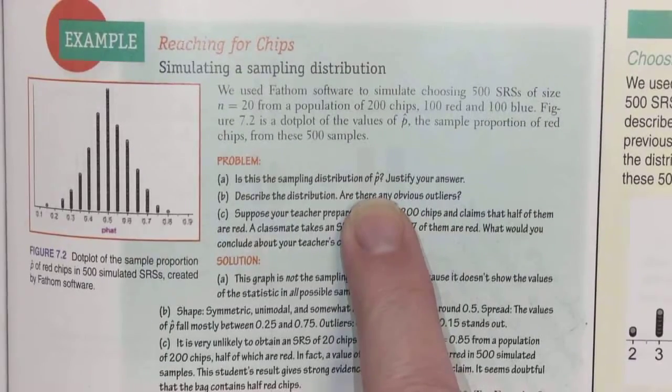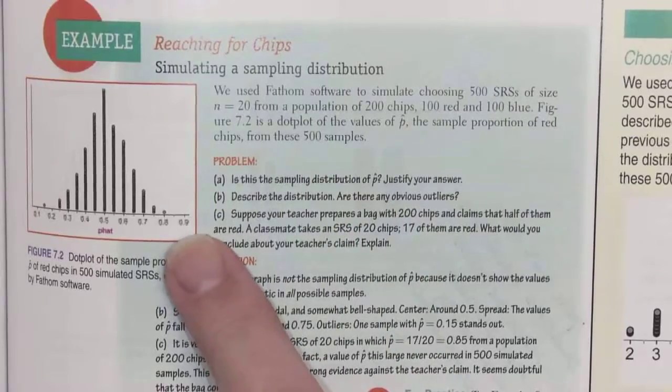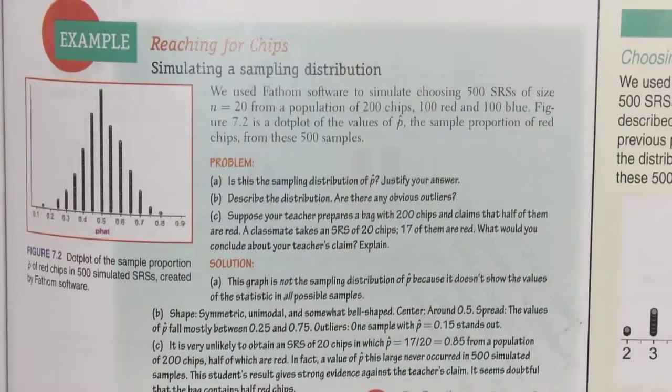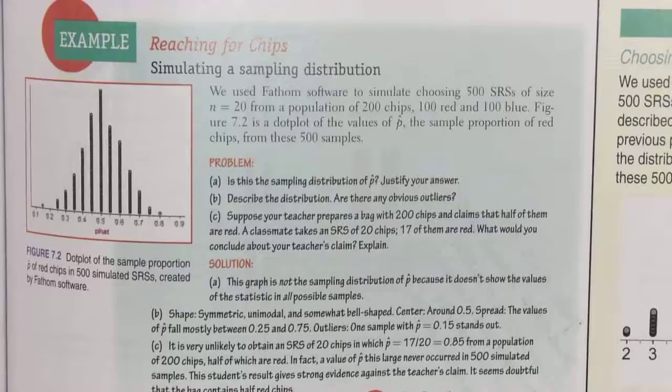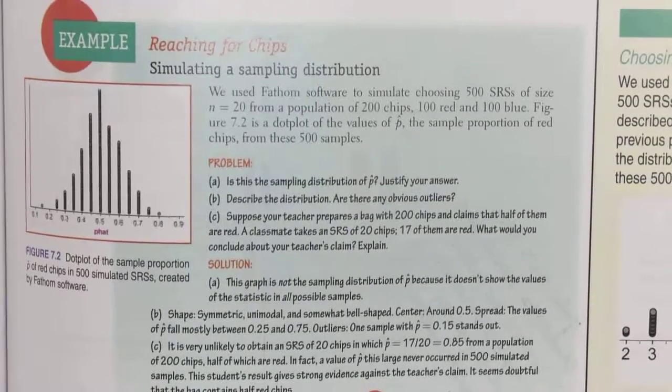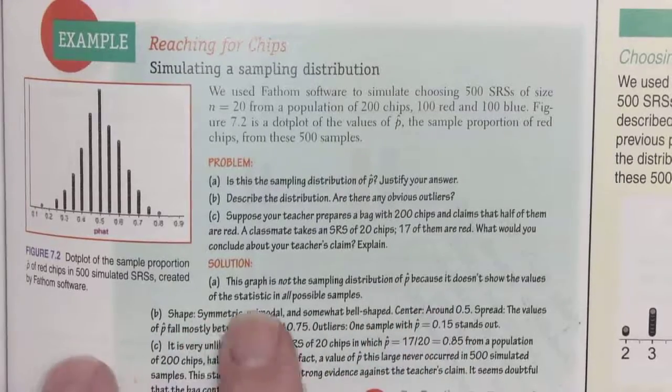No, it's simulating the sampling distribution, right? But it's not the actual sampling distribution, because the actual one would have 10 to the 27th power. That's really huge. So it doesn't have all of them, right?